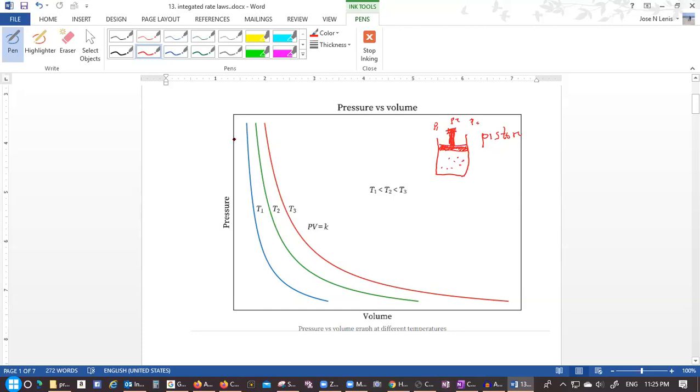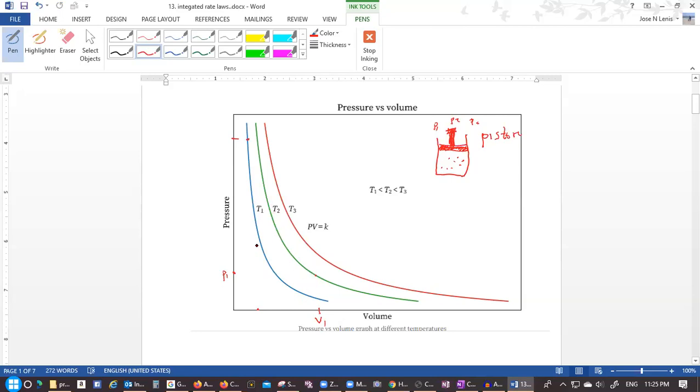So every time you add a mass, the volume decreases. So initially you have low pressure, that's the first mass. Look at the volume. So you have pressure 1, volume 1. I'm running this at constant temperature. So this is the graph for this experiment.